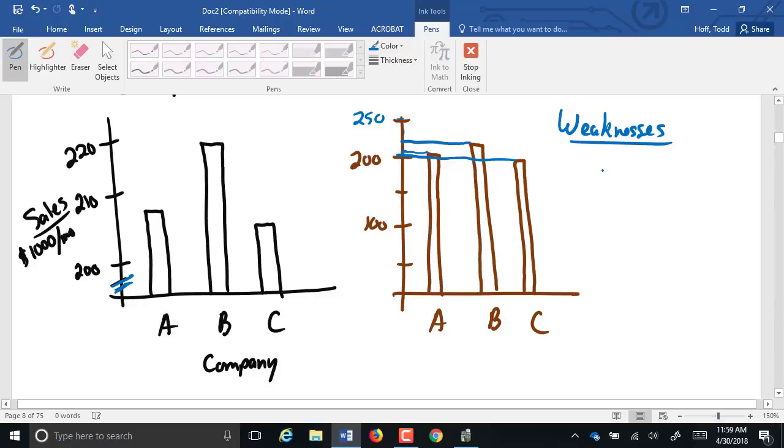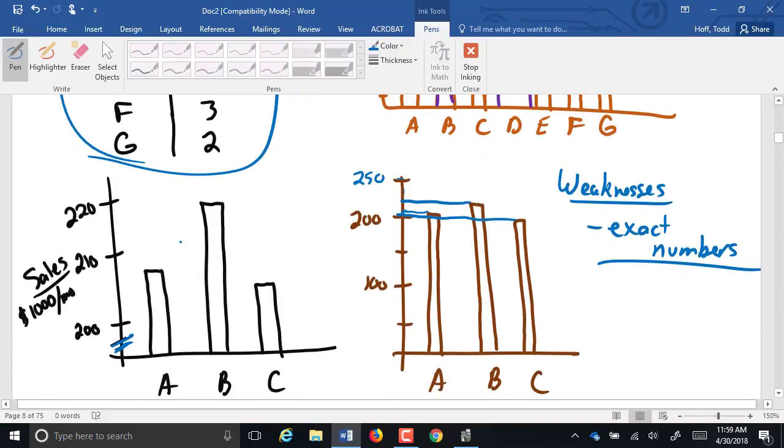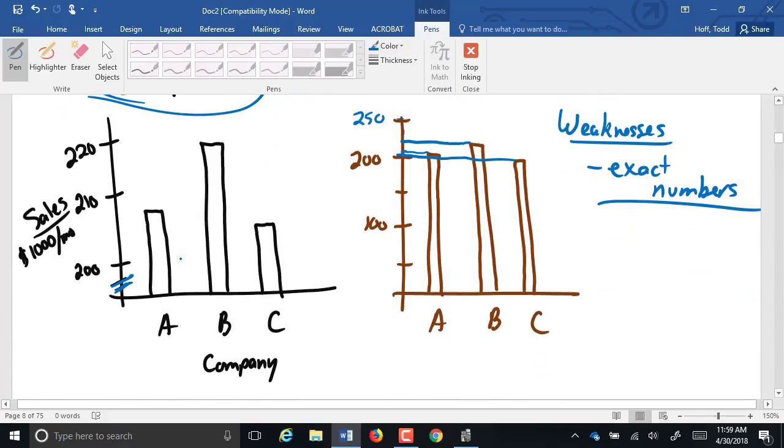So one of the weaknesses of any graph is finding exact numbers. If I want the exact numbers, that's where I would go back up to a table like this and look them up in a table. That gives me the exact numbers. So over here, I still can't necessarily find the exact numbers, but I can tell at least that company A is 207 to 208, somewhere in there.